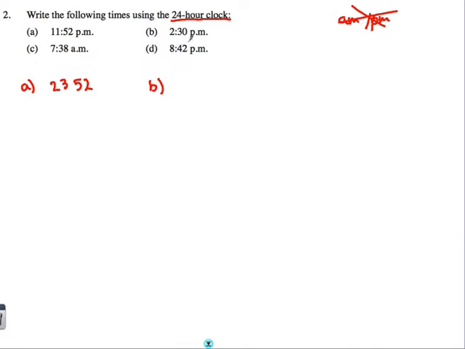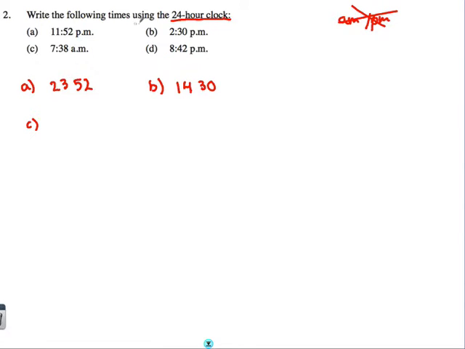For question B, again, it's 12-hour clock to 24-hour clock. There is no PM or AM. Because it is a PM, we are going to add 12 to this 2. So 12 add 2 is 14, and we still have the 30 minutes. Question C. Now, question C is an AM. We are not going to add 12.